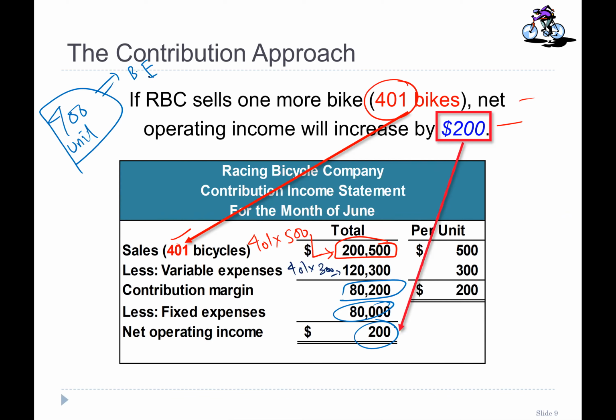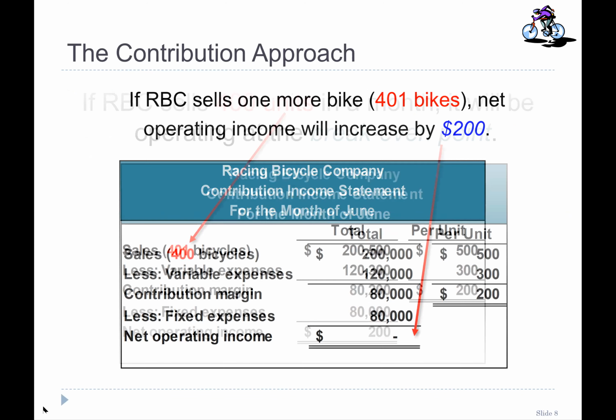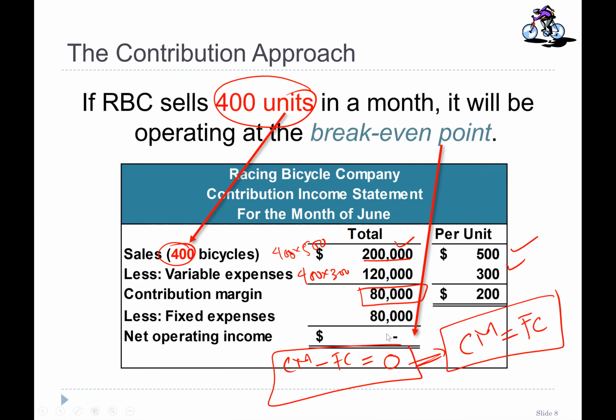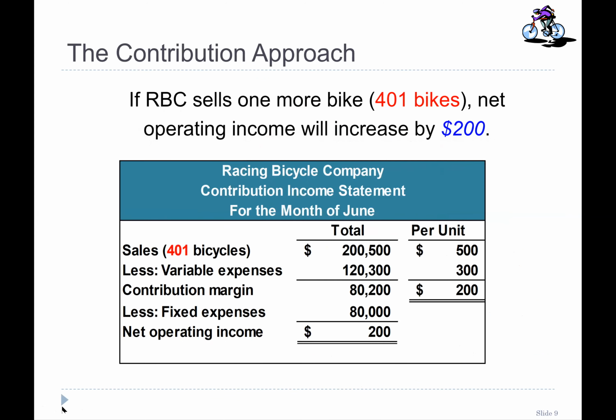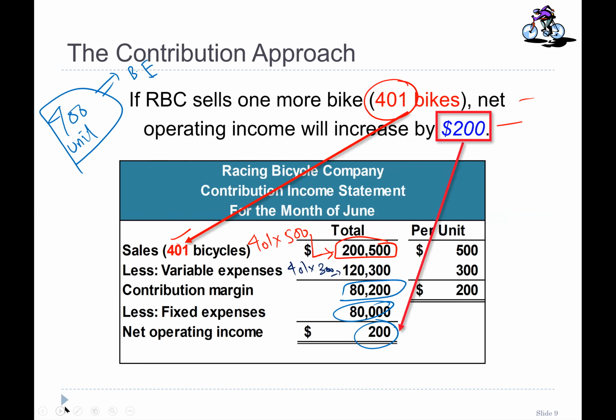We just proved in our previous slide that if we sell 400 units, then our profit is going to be 0, right? So if we sell one more unit, and remember, the contribution margin is 200, isn't it? The operating profit is 200.